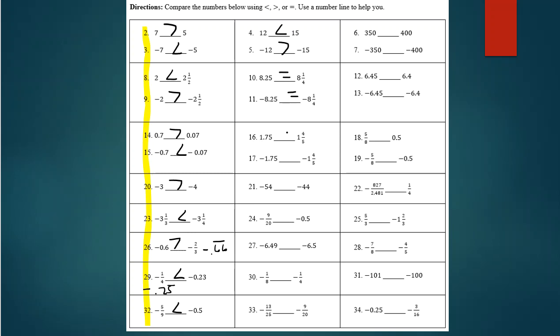1.75 is not as big as 1 4/5, it's less than, which means that in the negatives, it's of bigger value. -44 is of more value than -54. -0.5 is less than -9/20.